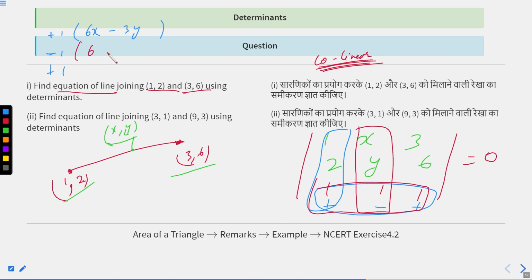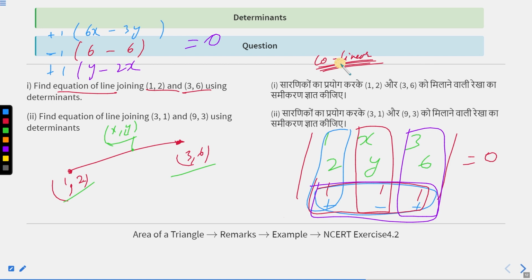So 6 minus 6. Okay, now what? Now I will eliminate this column and row. You are only left with y minus 2x. Okay, so far so good. Now this is equal to 0. This will be 6x minus 3y. This will be 0.